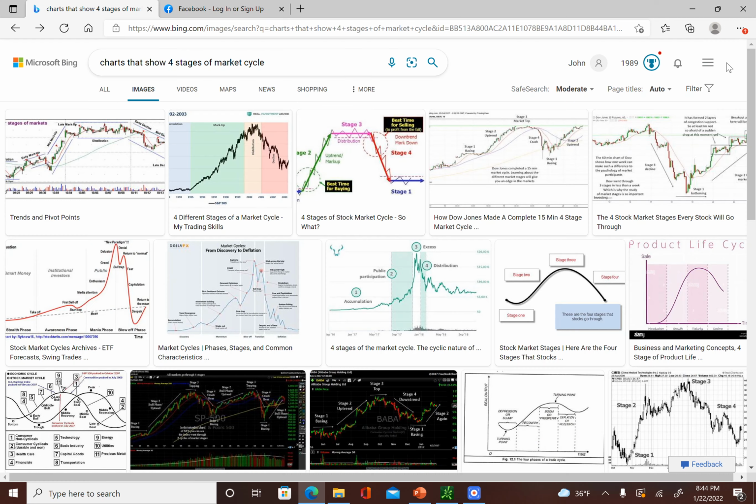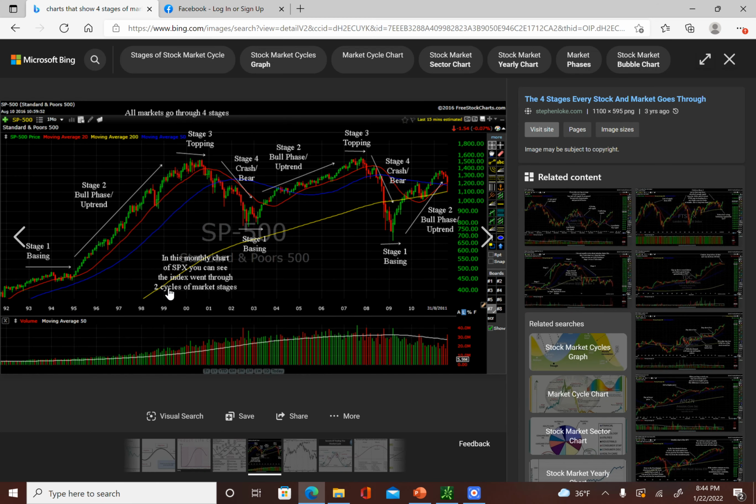One more example. This is an actual chart of the SPX, S&P 500, and this is looking at two complete stages, actually a little bit more than two because it gets into the third stage. But you have your stage one base here, sideways trading mostly, your breakout here where you break out from that base, and we'll talk about this, but you see there's actually a base here.